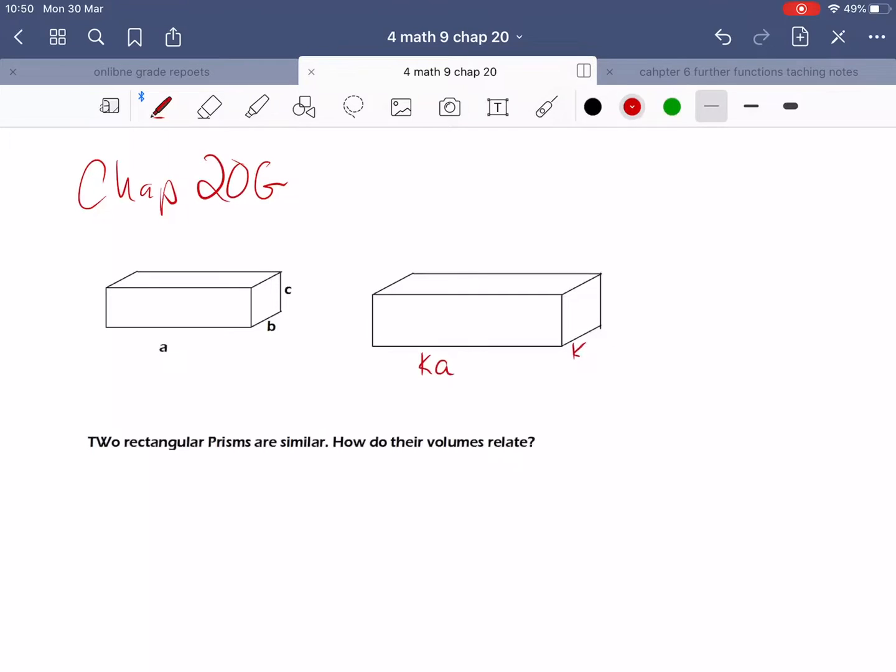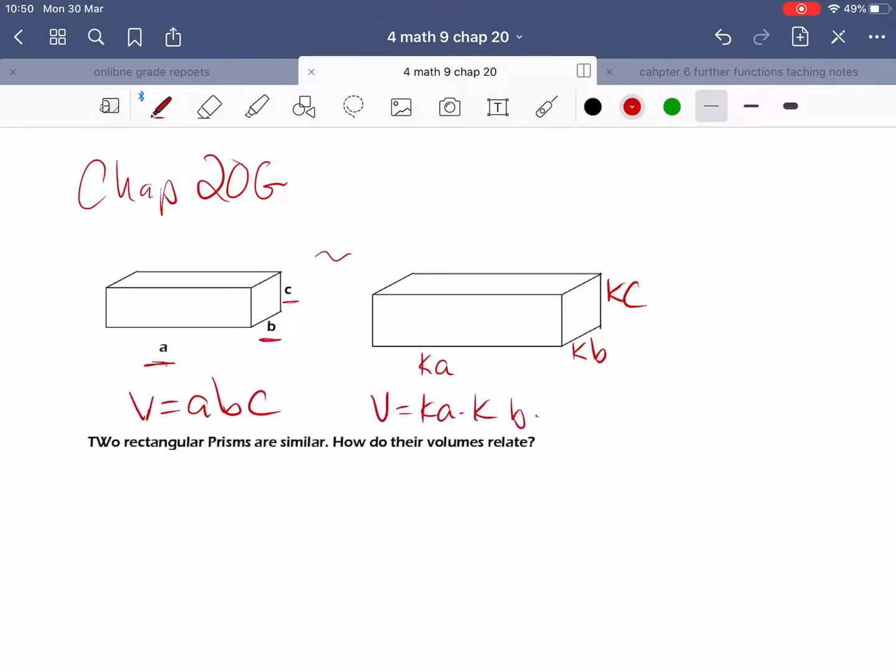But let's check this out. So this one right here is KA, KB, and KC. Because we know that these two shapes are similar, there is a relation between the sides. You have to multiply this side by K, this side by K, and this side by K. So the volume of the first one is A times B times C, length times width times height.